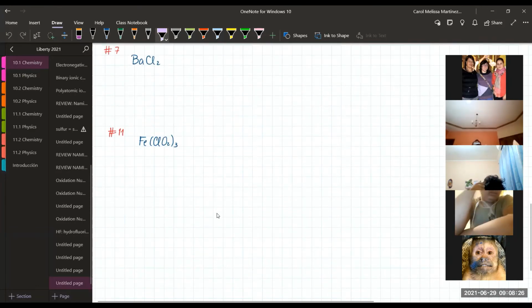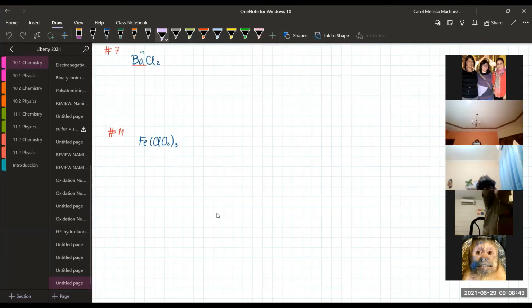So it says that I want to know what is the oxidation number for barium. We can do it in 5 seconds if you want. Look for barium in the periodic table and tell me the oxidation number. +2. So we already did it.